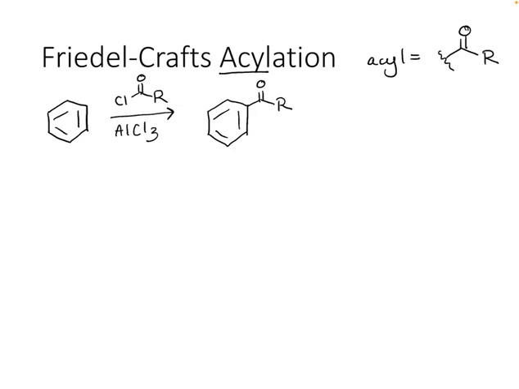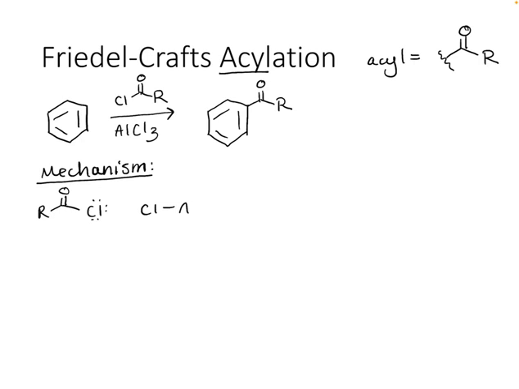So the mechanism for this is very, very similar to the one we saw before, but let's just go over it because there are some slight differences. All right, so let's start with our acyl group here bonded to chlorine.